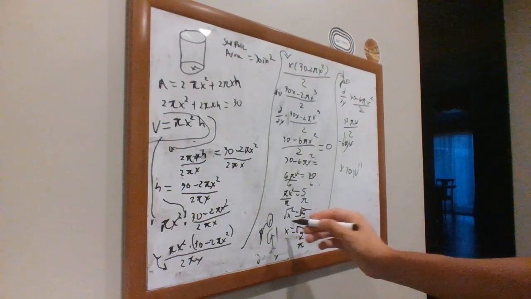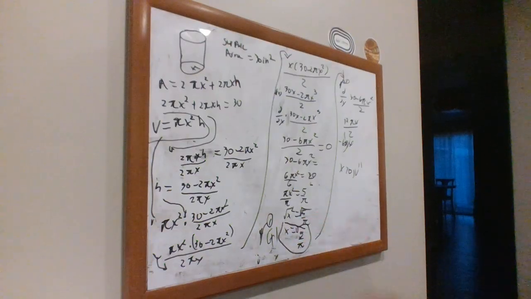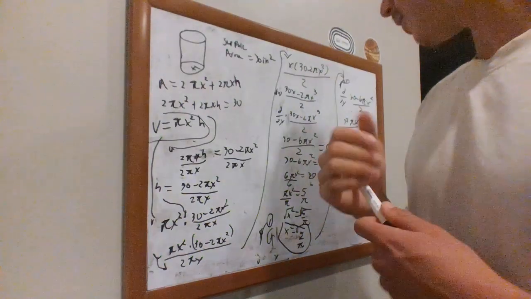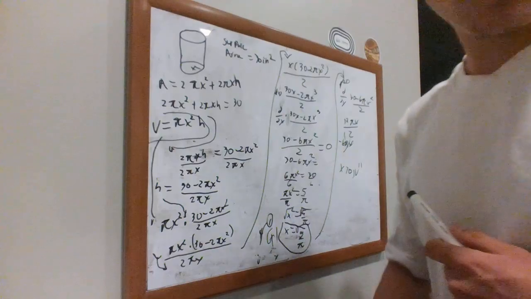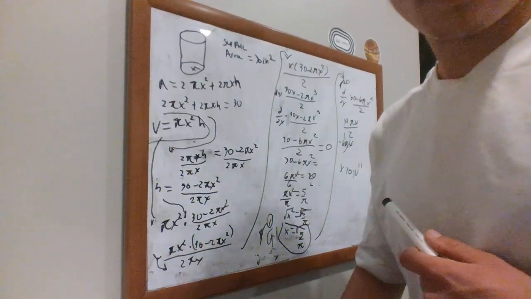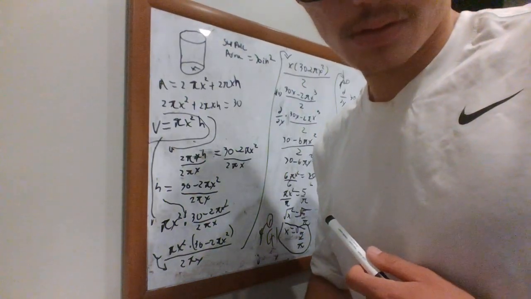So I think this is our final answer: x equals the square root of 5 divided by pi. I think that does it.